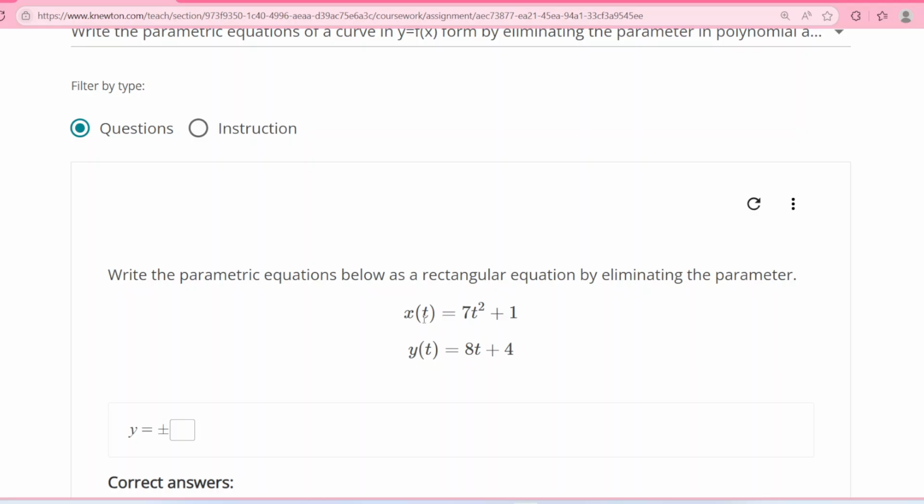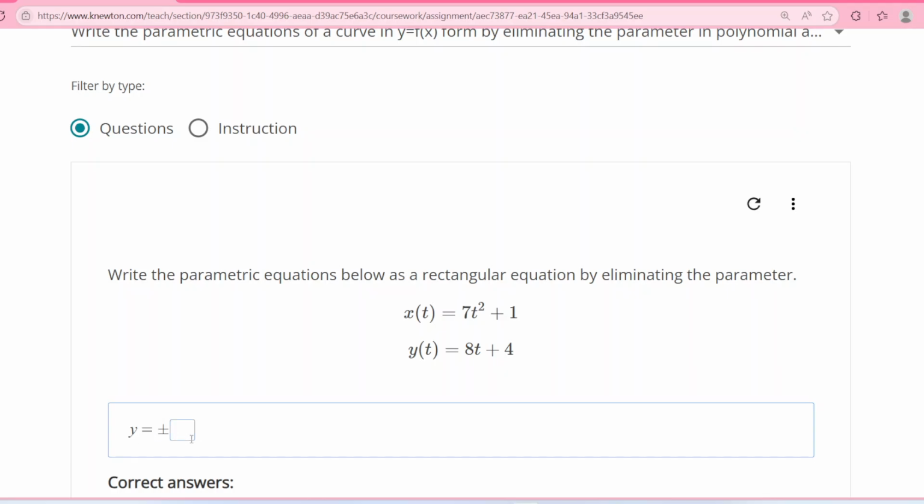The x and y coordinates are dependent upon this variable called t, and this would be called the parameter that these two depend on. So x of t is 7t squared plus 1, y of t equals 8t plus 4.